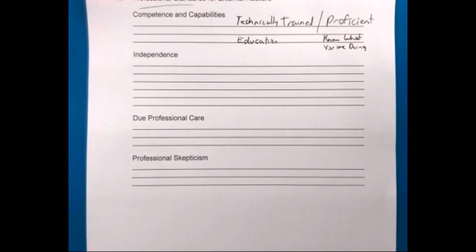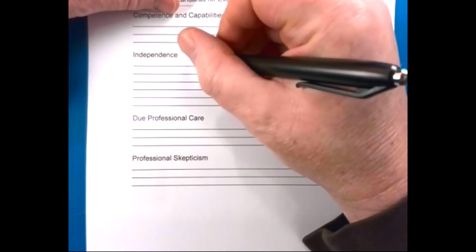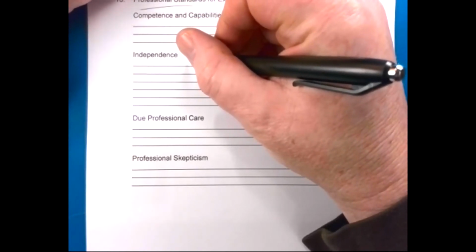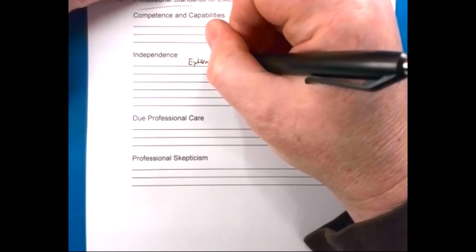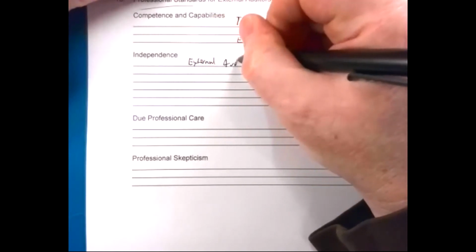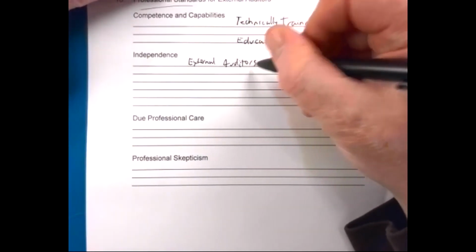Independence is very, very, very important. Independence. And for the external auditors there are whole rules on this, a whole group of rules.